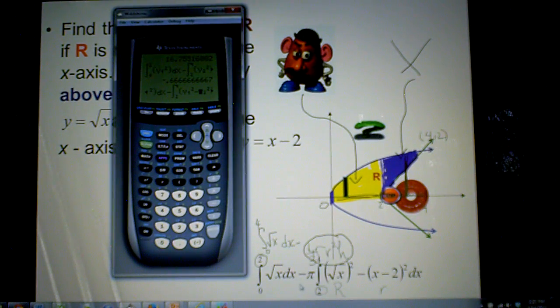Wait, this should be a plus, yeah? Because I need to add going from 0 to 2, and then add going from 2 to 4. And then multiply, of course, times pi. Yay.